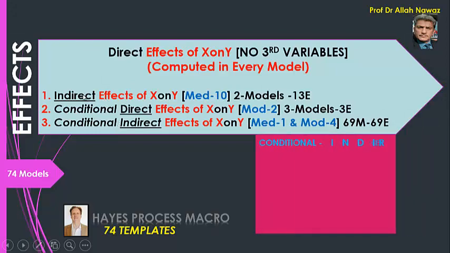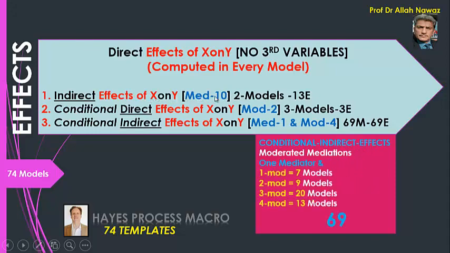So there are indirect effects of X and Y, and we use the mediators for this purpose, and 10 mediators can be used for computing indirect effects of X and Y through mediators, and 2 models are available for this purpose. However, these 2 models provide us 13 effects or 13 processes to use from 1 mediator to 10 mediators.